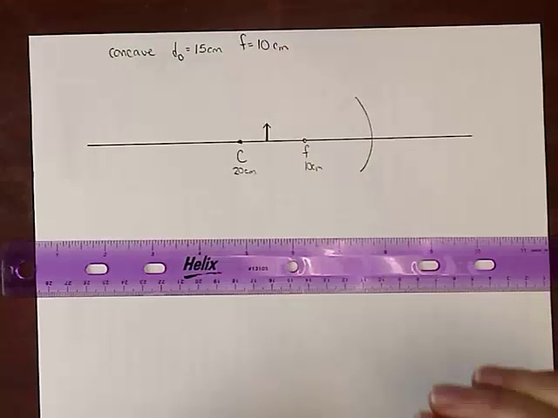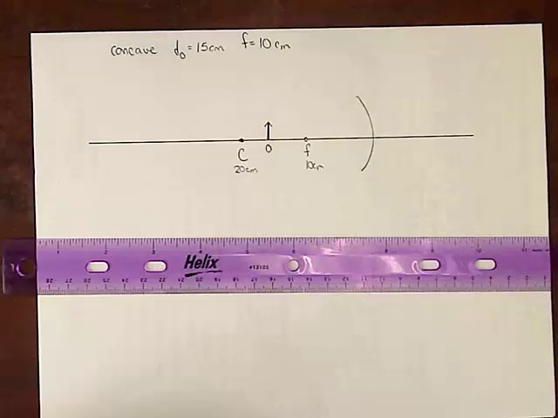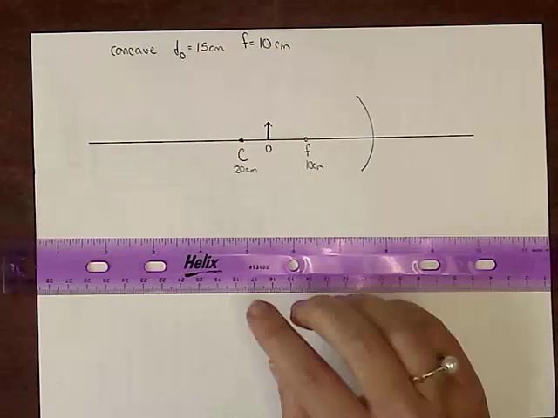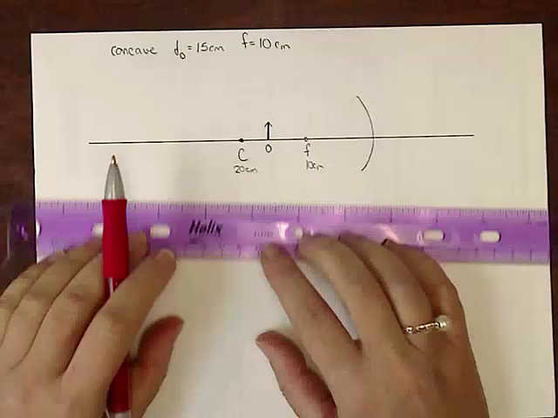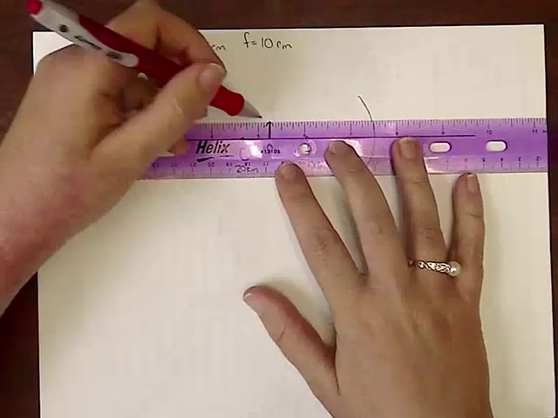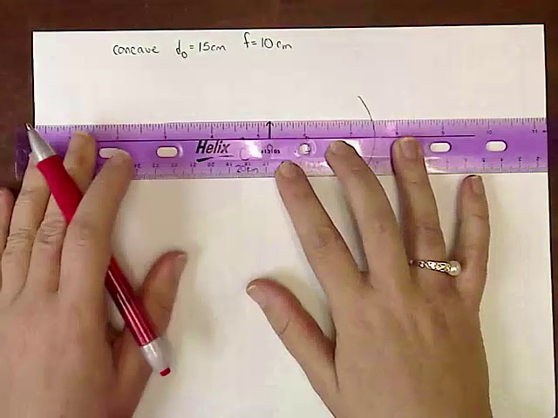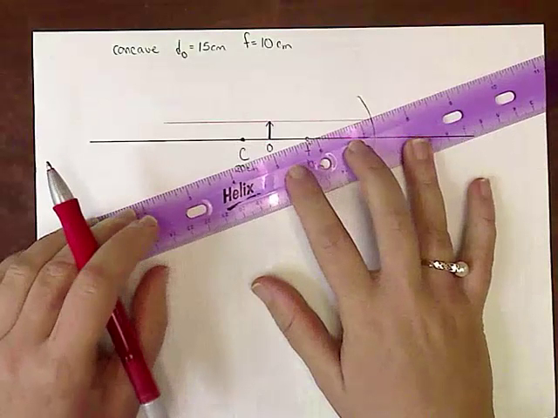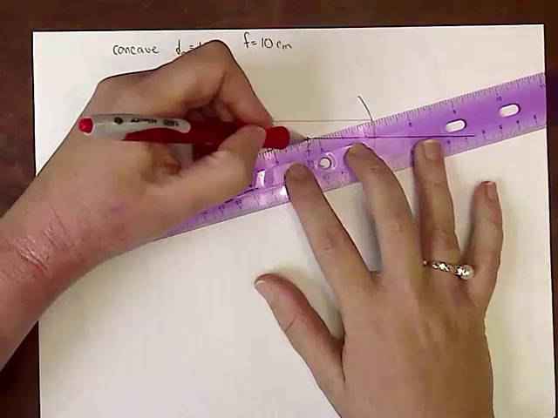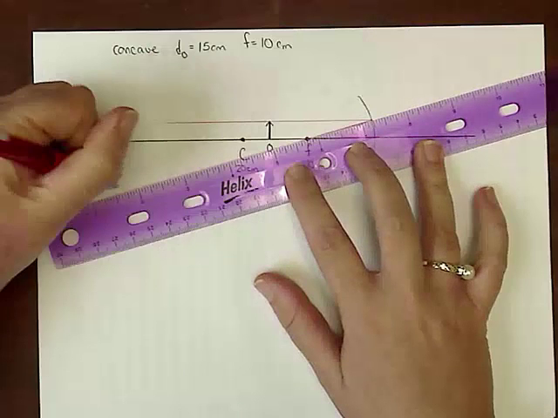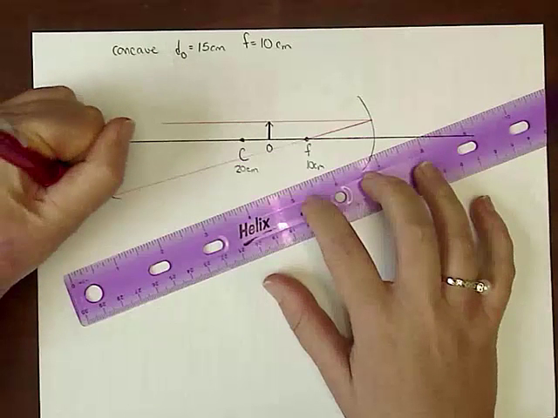So there's my object. Now I draw my rays. Ray number 1 I'm going to draw in red, comes in through the tip of the arrow parallel to the axis. So there it is coming in, hits the mirror and reflects. The rule is it reflects out through F, so it's going to go from where it hit the mirror out through F. So there's ray number 1.